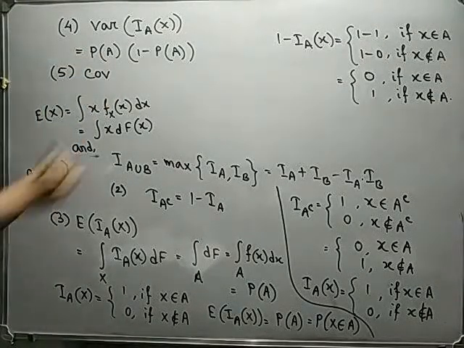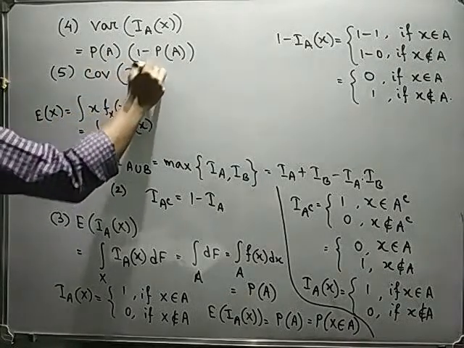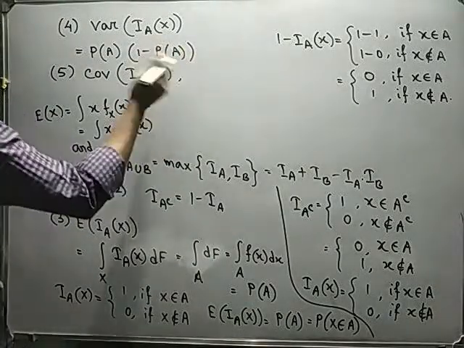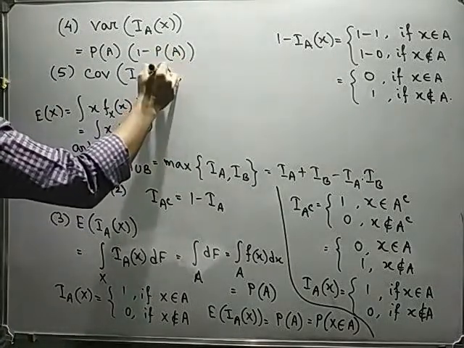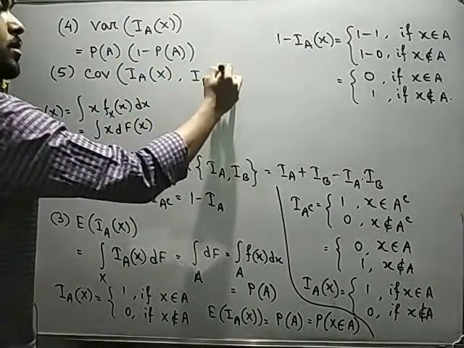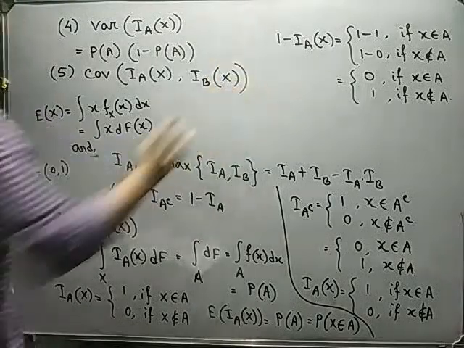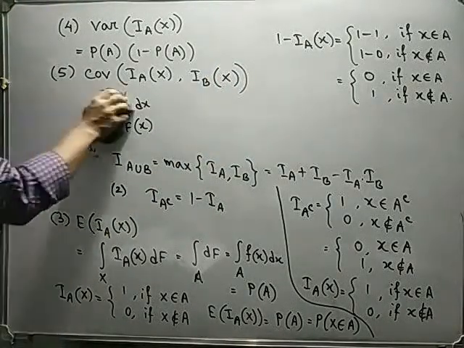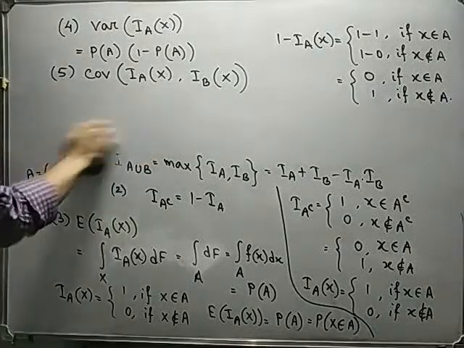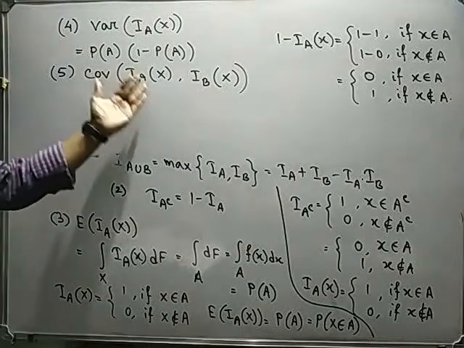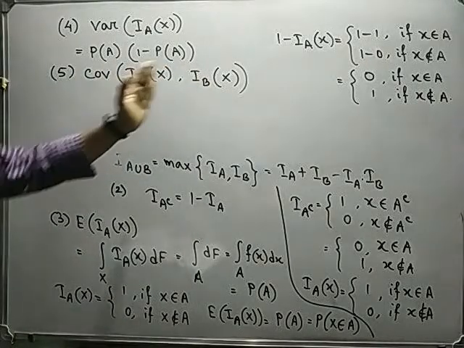And the fifth is the covariance part, which is the covariance between IA of X and IB of X. So these are the covariance between two different indicator functions.